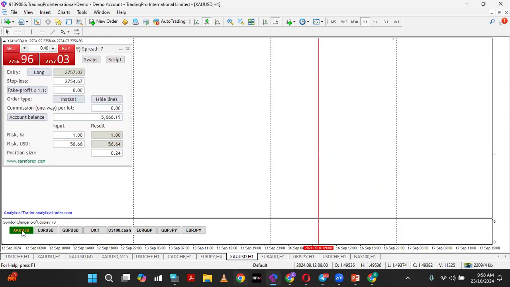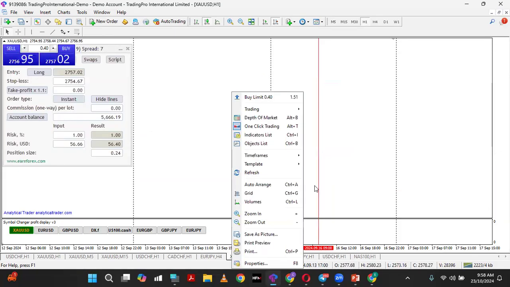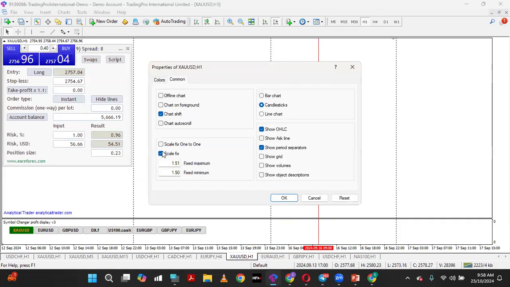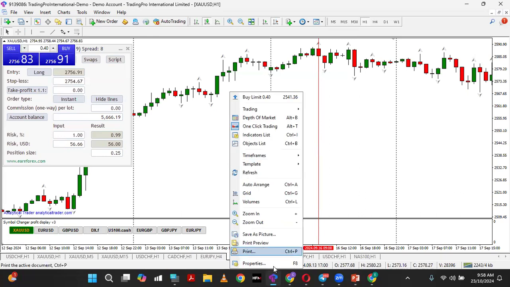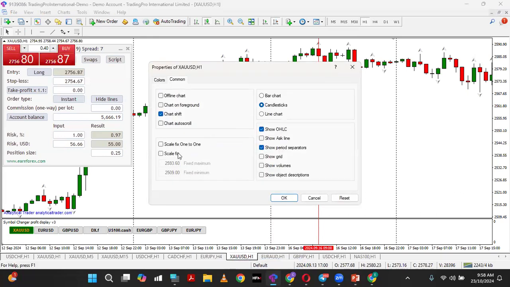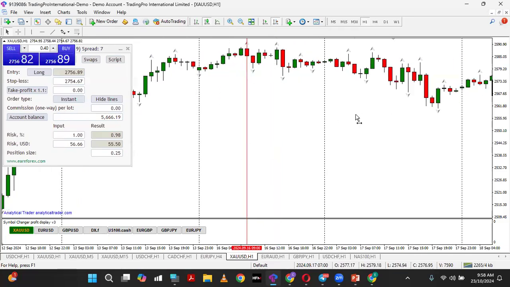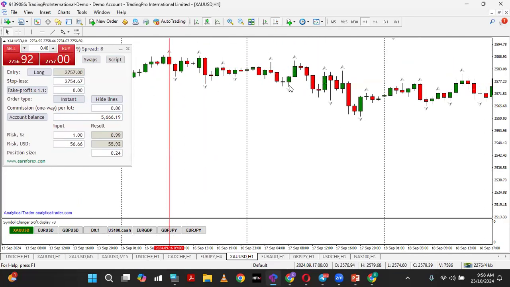Let me go to gold, because sometimes some patterns are not easy to see on one instrument, and on other instruments, they are very easy to see. That's what you need to understand. So this is a variation of the evening star formation.